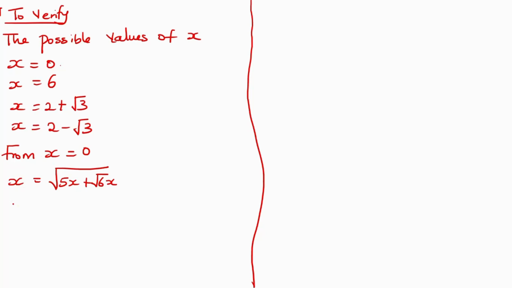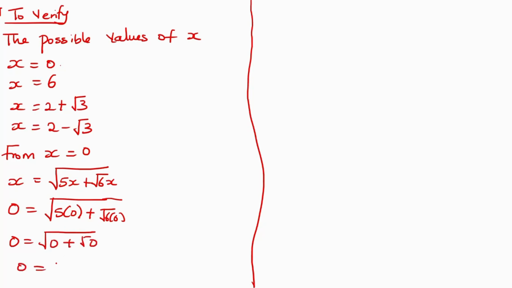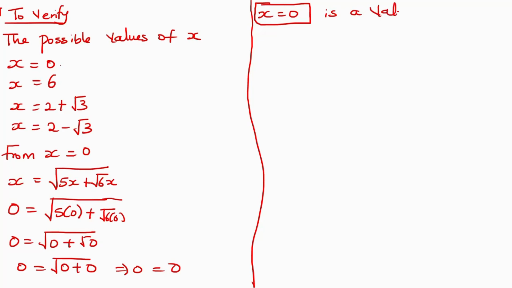For x equals 0, we have 0 is equal to the square root of 5 times 0 plus the square root of 6 times 0. So 0 equals the square root of 0 plus the root of 0, so 0 is equal to 0. We can say that x equals 0 is a valid solution.